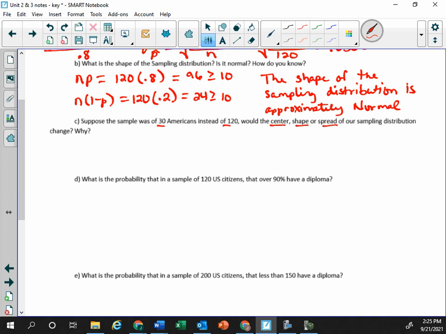So find the center, have you got it? Yes. So it's close to the last one, but that would change.